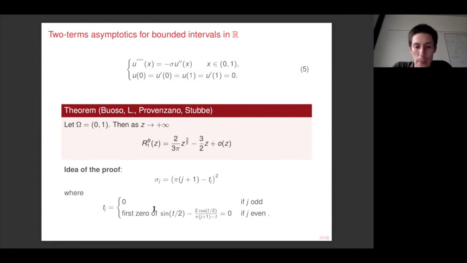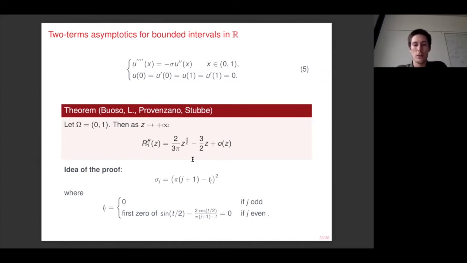So by this representation of buckling eigenvalues, and by computing the asymptotic behavior of the zeros of this equation here, and then the asymptotic behavior of this sequence Tj, it's possible to recover the two-term expansion for the first Riesz mean in the case of a one-dimensional problem.